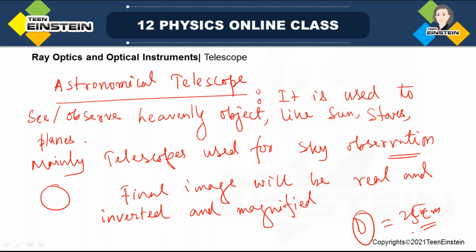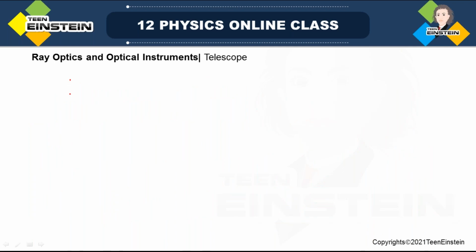And sometimes the image will be created at infinity. So in that case, how to calculate the magnification? That is the main problem we will be discussing. Before that, let me tell you something about terrestrial telescopes.